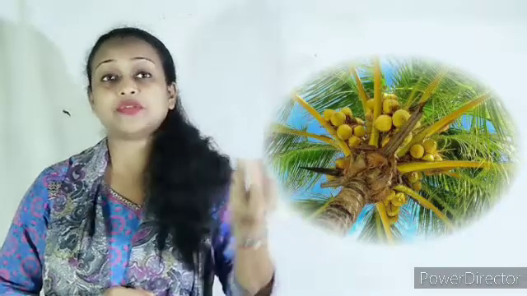Many plants produce seeds. For example, the mango plant produces the mango seed, and when you sow that seed into the soil, a mango tree will develop. So new plants also grow from seeds. This is how plants, birds and animals produce their young ones, but non-living things cannot produce young ones.